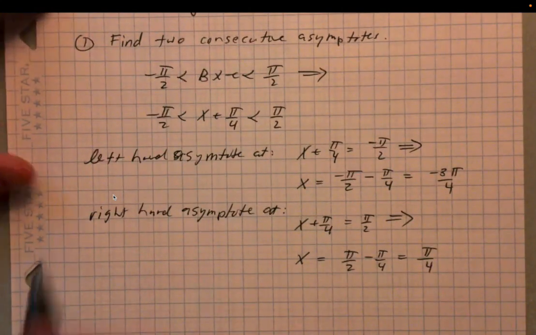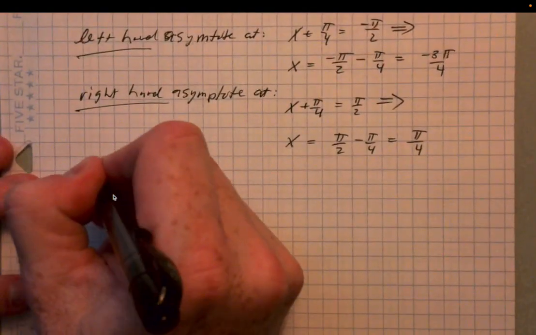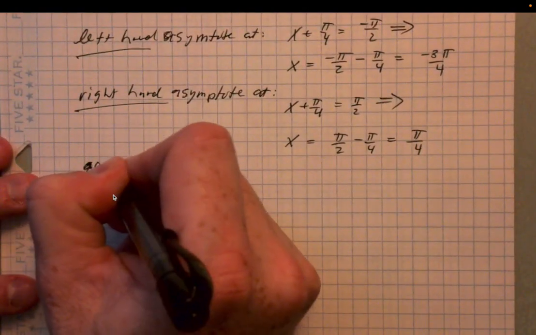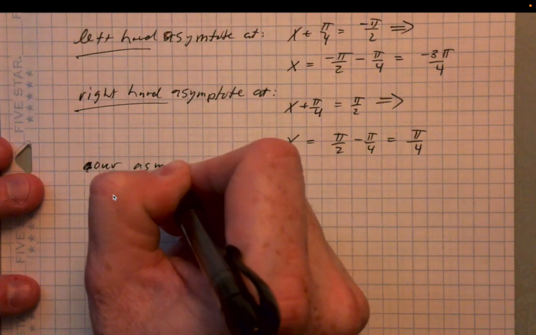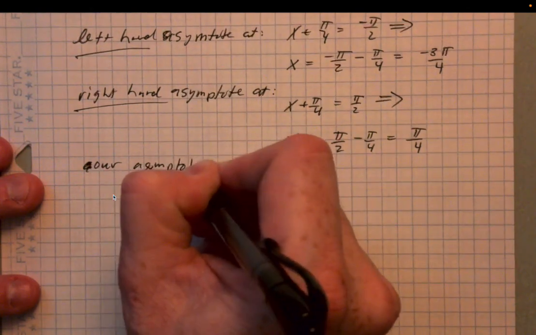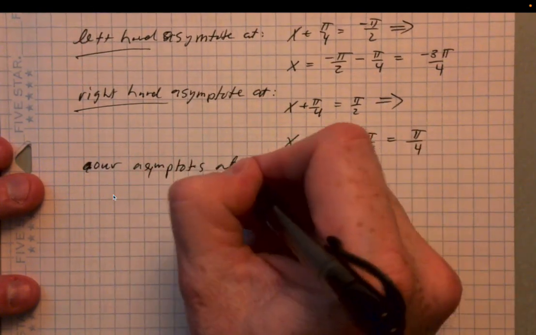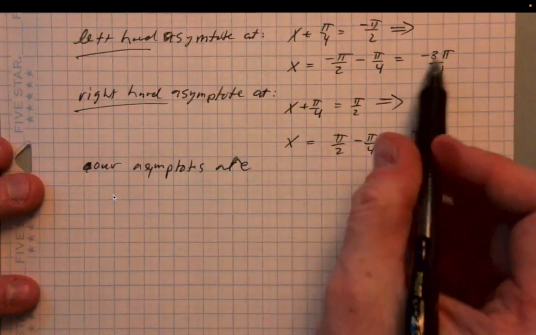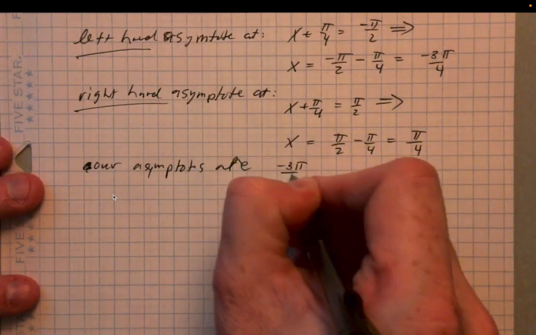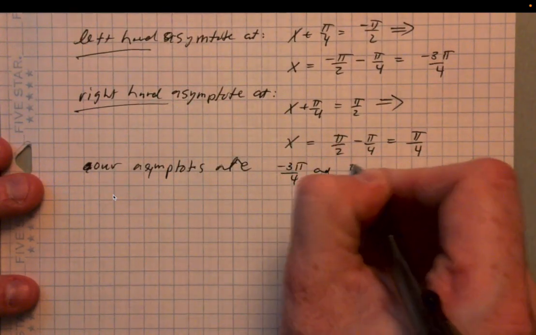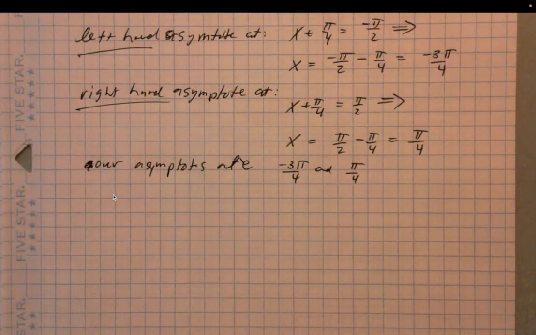Okay, so we've got our left-hand asymptote and our right-hand asymptote, and so that means our asymptotes are negative 3 pi over 4 and pi over 4. So it's shifted somewhat, isn't it?